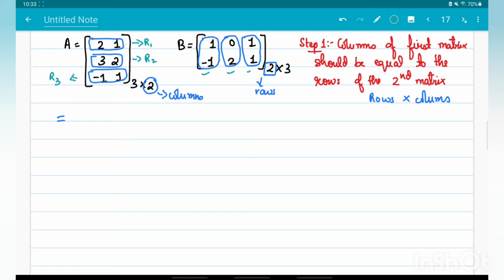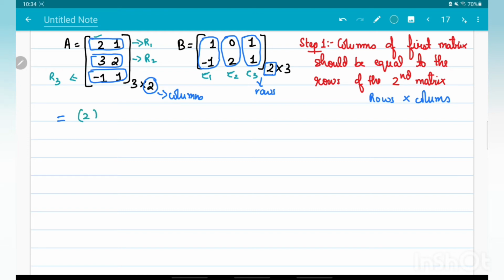Suppose now let us take the first row, start with the first row. Now this first row of matrix A has got elements 2 and 1. Now this row first will multiply with the first column of B. This is the column 1, column 2 and column 3. Now when I multiply this first row with the first column, I multiply 2 with 1.